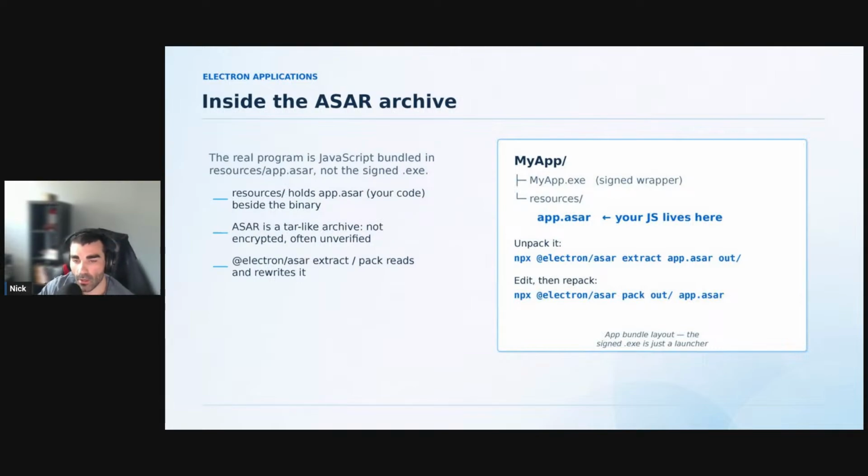So when you talk about this ASR file, there are different ways we can modify the JavaScript inside of it and execute code on the host. And that's why Electron apps are being used, and that's what we're going to talk about.